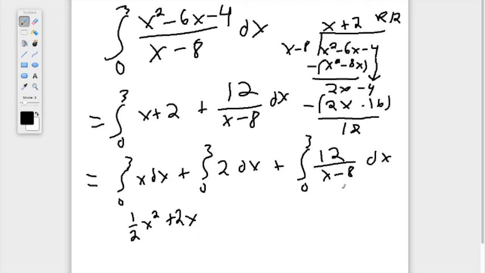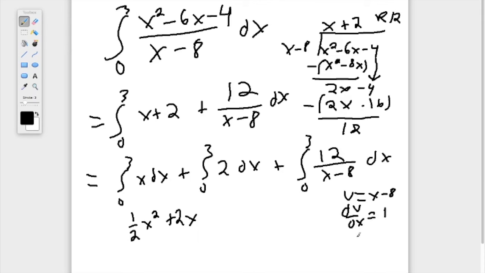Now for this, we're going to have to do a u substitution. We could bring out the 12. So let's say u equals x plus 8. x minus 8, my bad. And then du over dx equals 1.